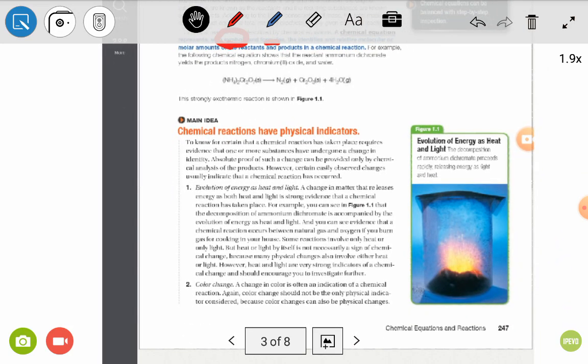Now, something known as the chemical reaction and the physical indicator that represents a chemical reaction.